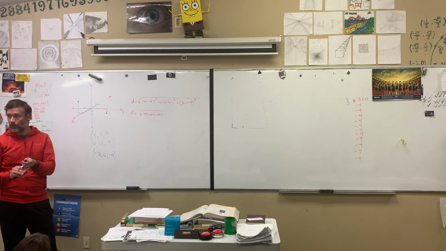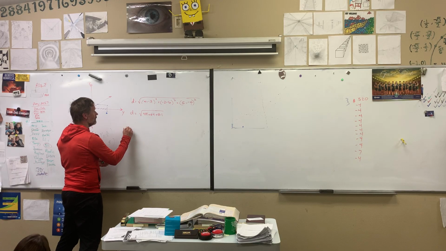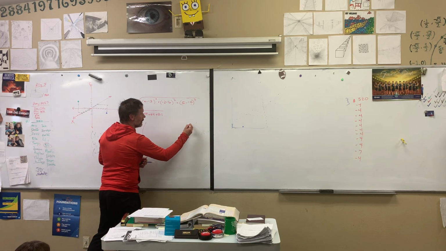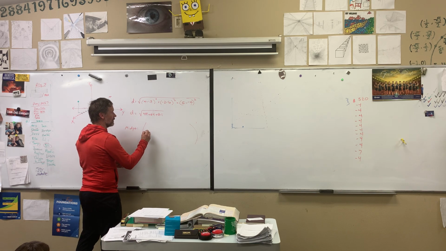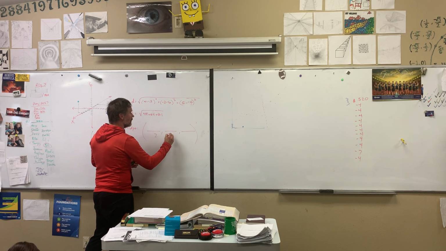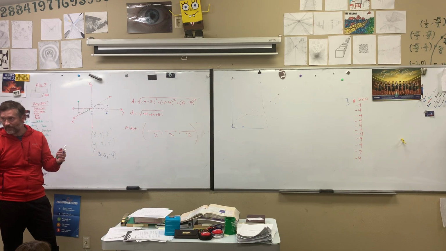Add your z component. When you go for the midpoint, same thing, except now I'm not just finding an x and a y, I'm going to find an x, a y, and a z. And we know in the midpoint, it's just finding the averages of everything. And so you're going to add them all together.